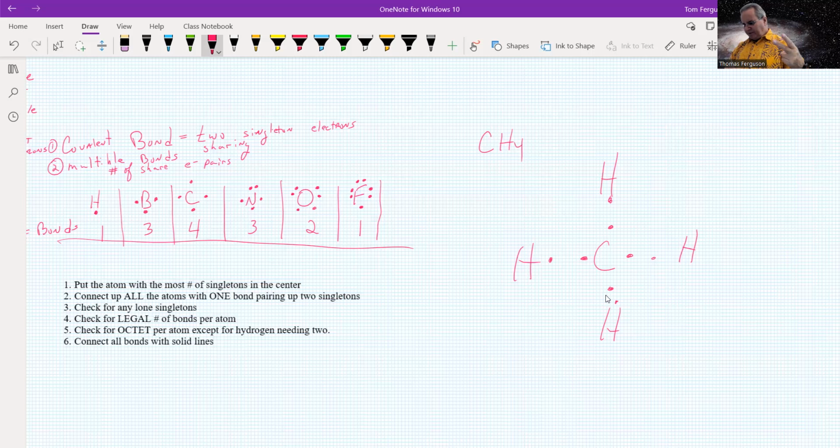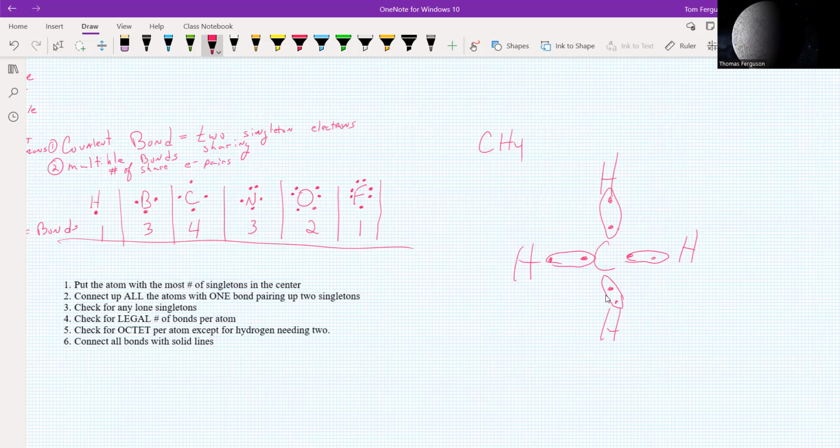Okay, so step number 2 is connect all the atoms with one bond, pairing up two singletons. By the way, this procedure differs from your book.